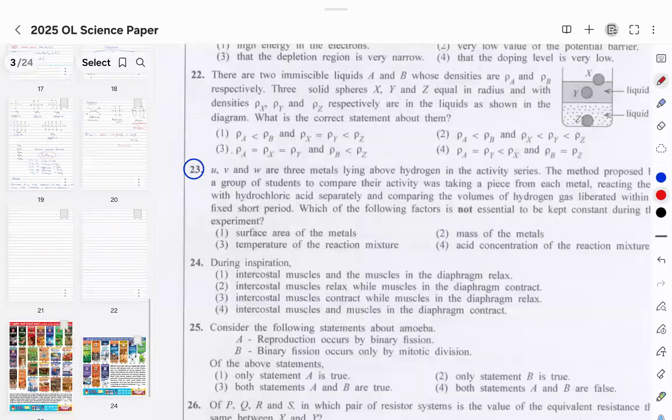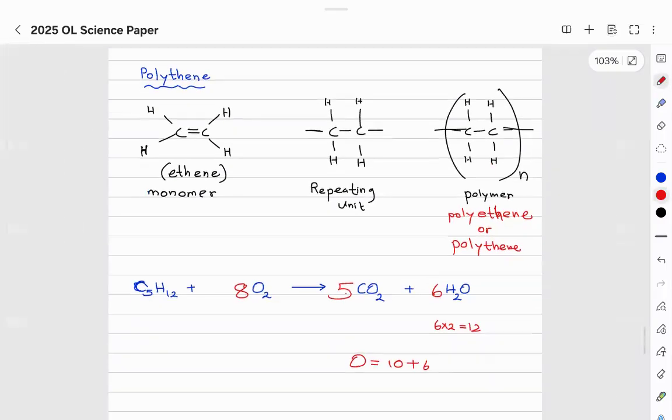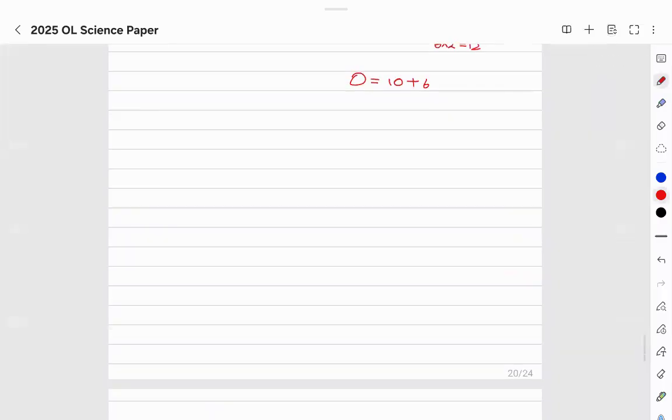How do you measure the rate of a reaction? Time taken for reaction. Yes. Simply, we can say that rate of a reaction means speed of a reaction.